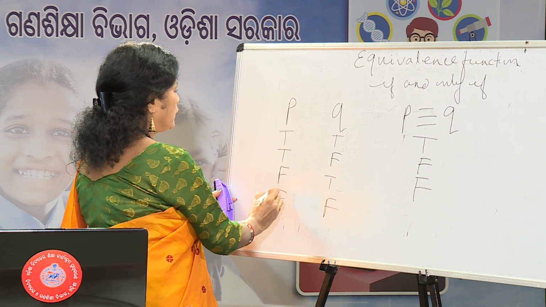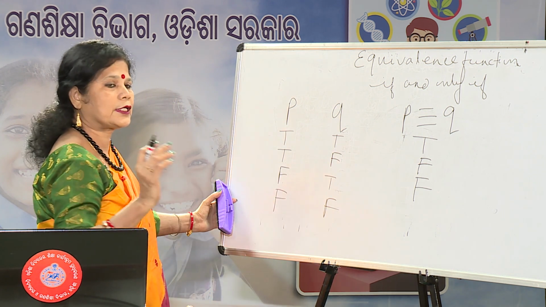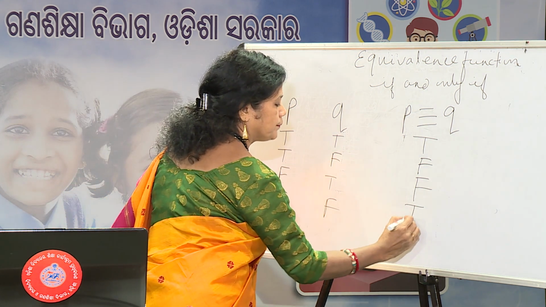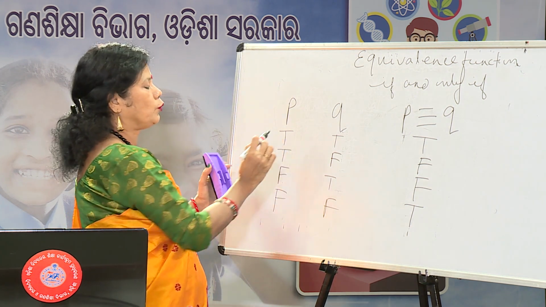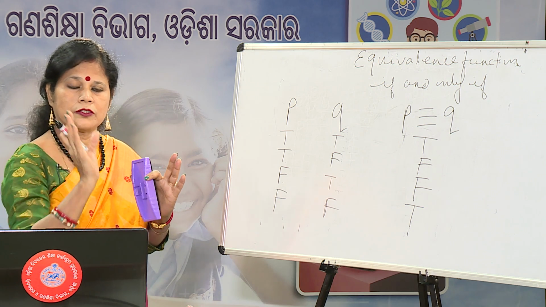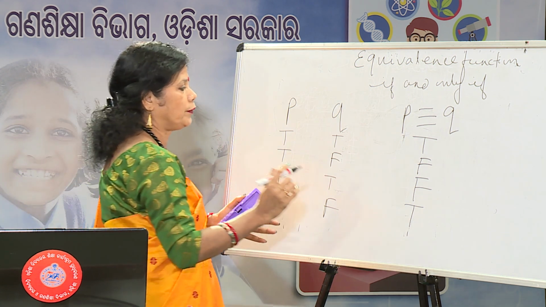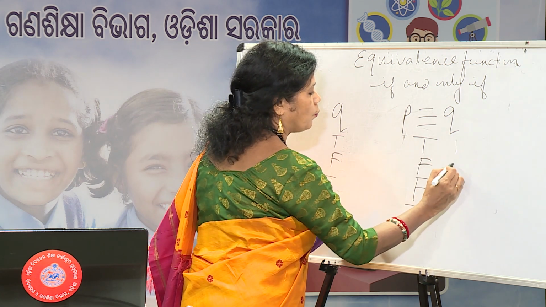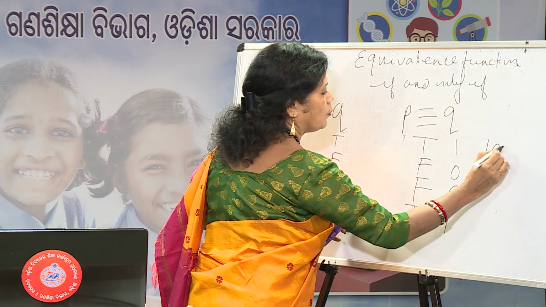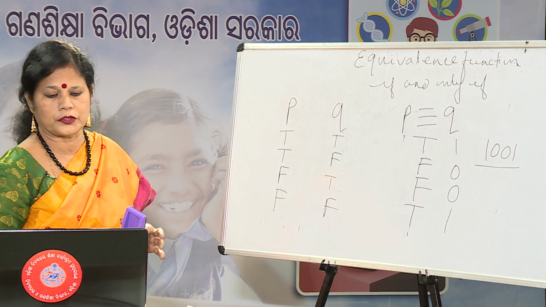Now here you see p is false and q is false. Both have the same truth value. Both are false, so this is true. Whenever the truth value of both propositions in an equivalent function is same, it will be true. If both are true then it is true, if both are false then also it is true. So the matrix number is 1 0 0 1. This is your equivalence function.